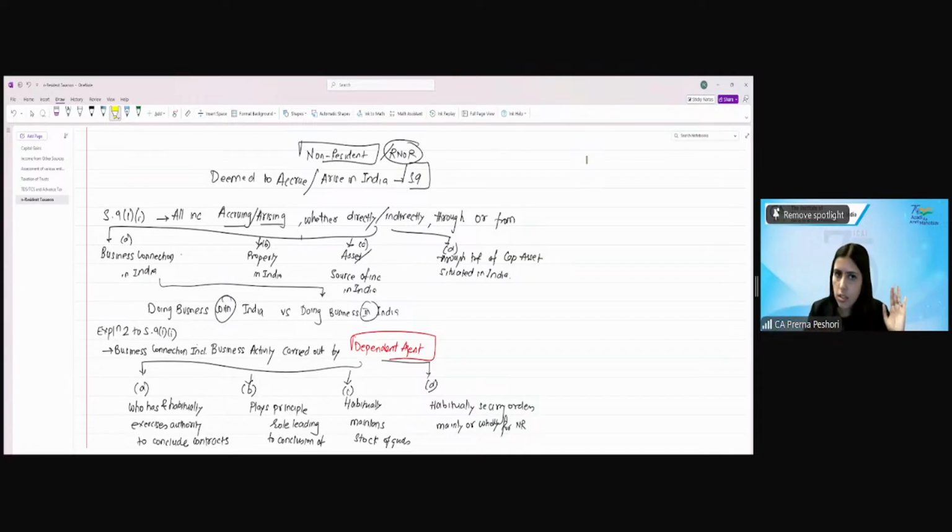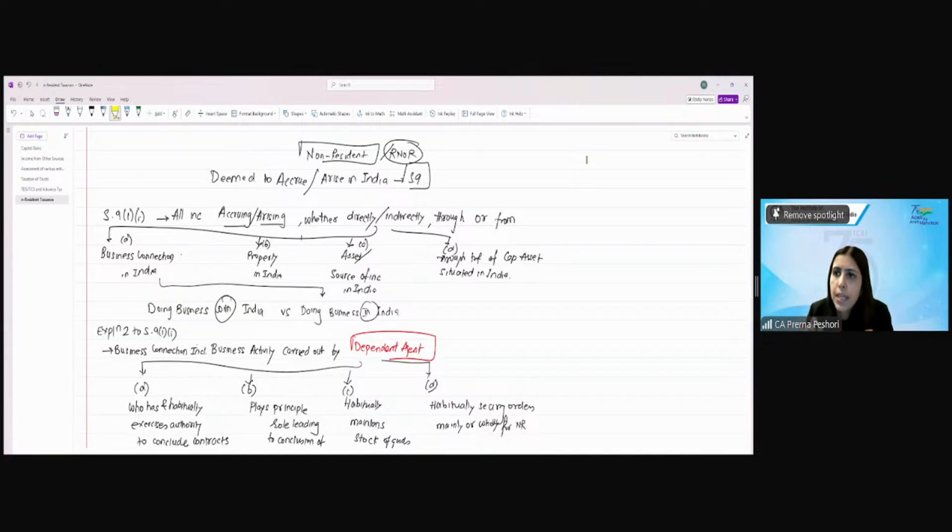Business connection. Doing business in India. That is what is meant by business connection. It's not defined. It just means simply that I am doing an organized business activity in India from which I am earning the income. So there is a connection between the business activities and the income from that business.